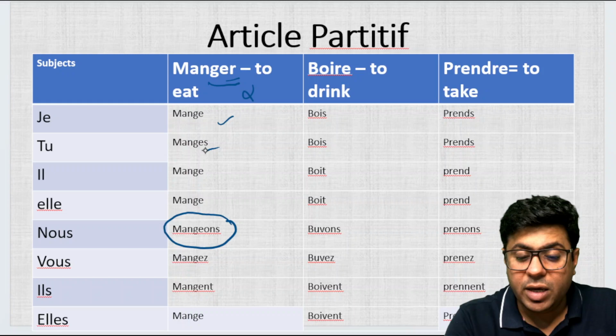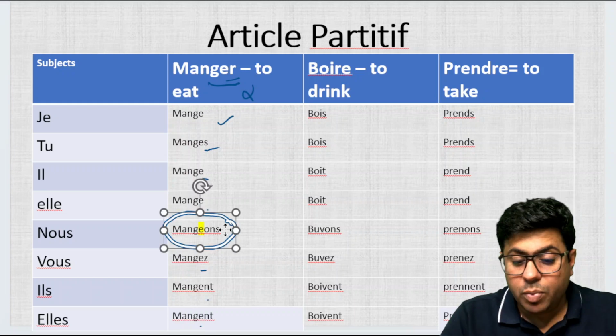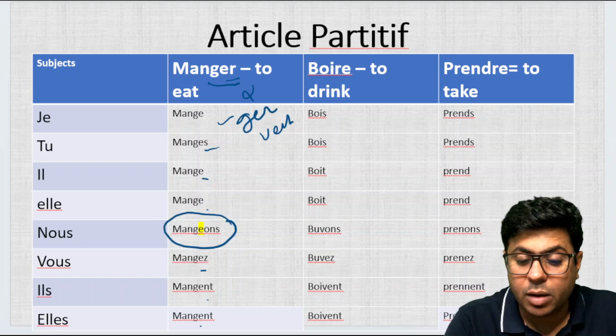The exception is EONS. Before ONS we put E. That is the rule, and that happens only with GER verb endings, not with others.